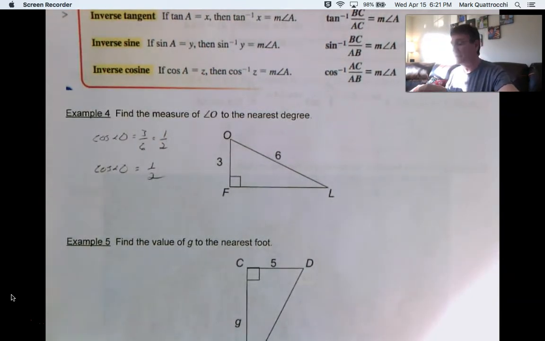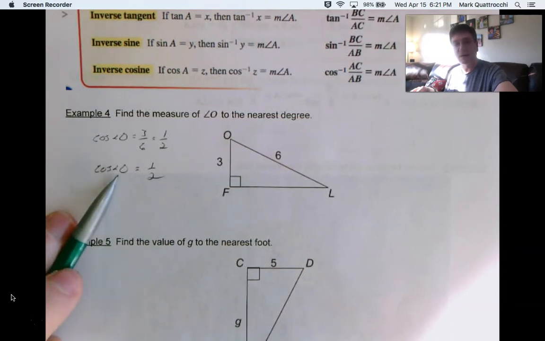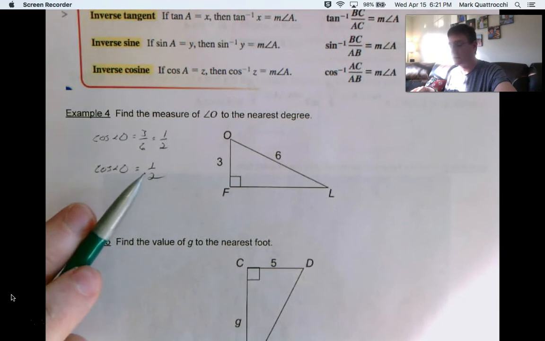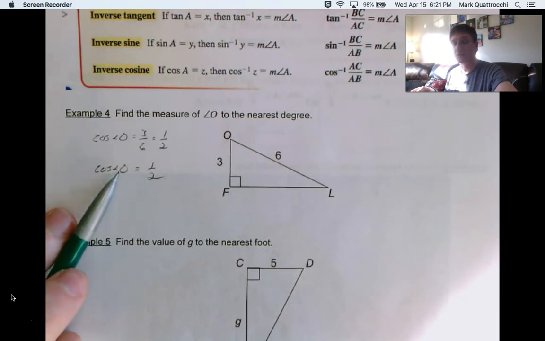Now, I am intentionally going to make a mistake to illustrate a point. Okay? Our goal is to find what the measure of angle O is, not to find out what the cosine of angle O is. Cosine of angle O is 1/2, but we want to know what the degree measure of angle O is. Okay? So how do we get rid of cosine so that we get angle O alone?